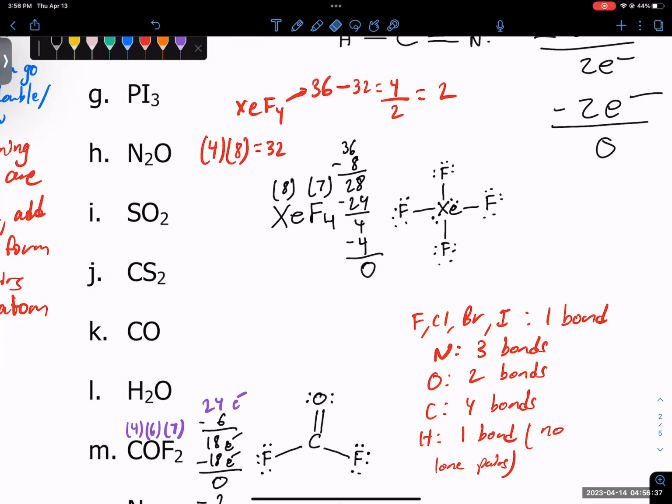So let's try something like this. SCl6. How many lone pairs are on the central atom in that?